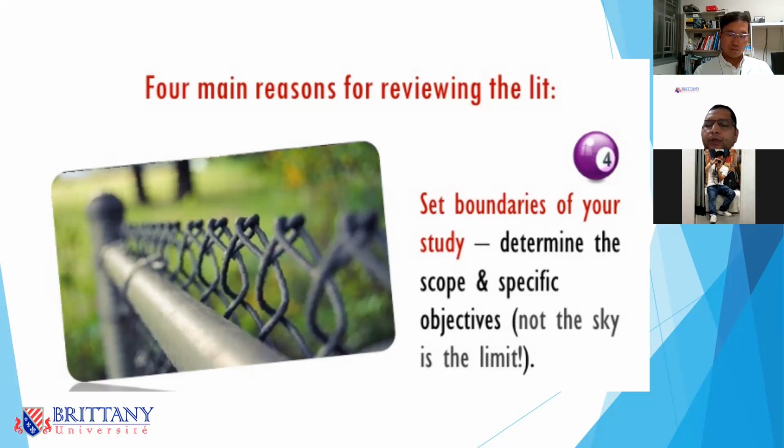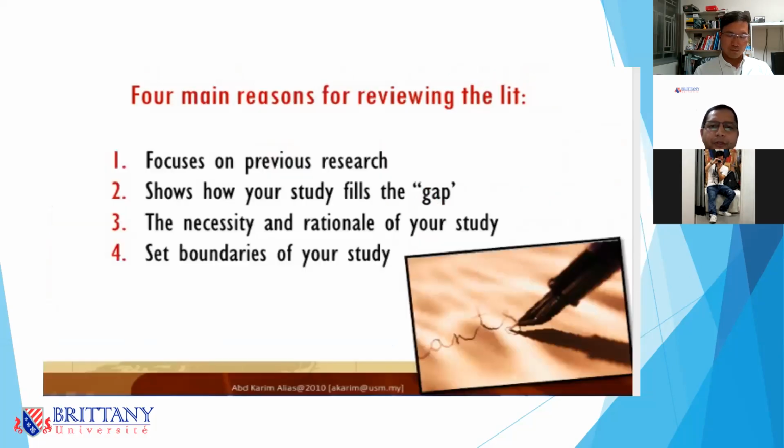So your literature review must make sure it stays within that scope and does not go outside this limit. To summarize, these are the main objectives of doing a literature review: focus on the previous research, show how your study fills the gap, the necessity and rationale of your study, and set the boundary of your study.